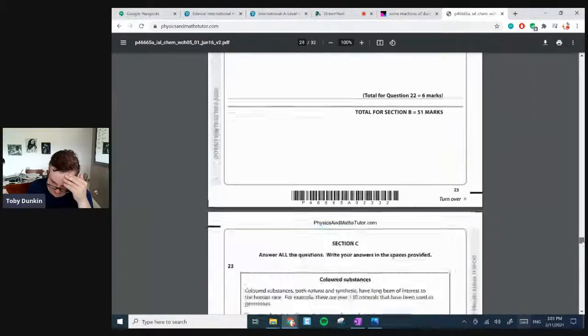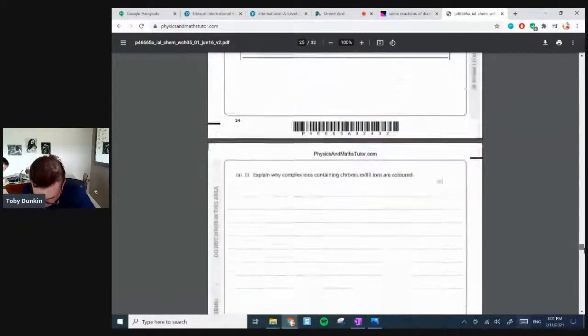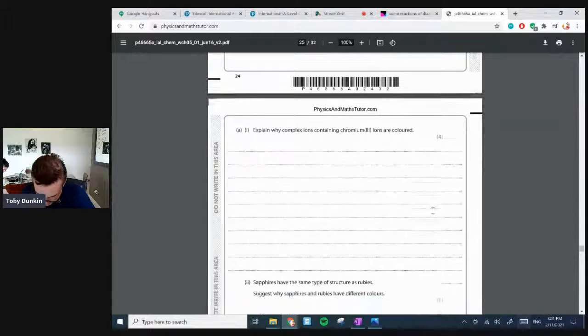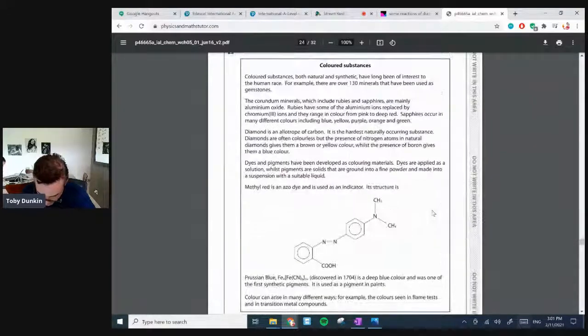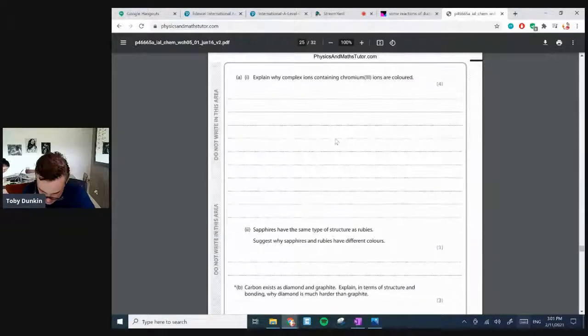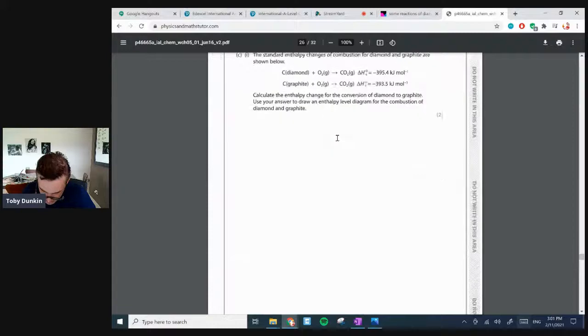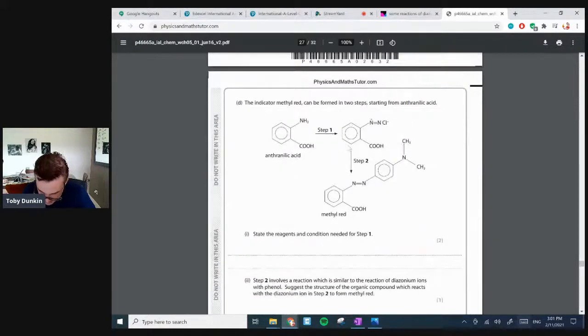Sodium nitrite and HCl. There's an azo dye. Methyl red is an azo dye. Oh, there it is.